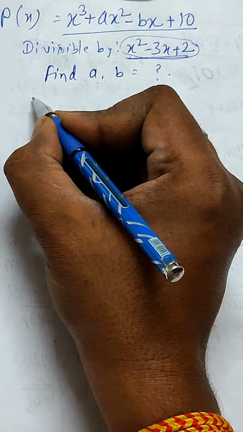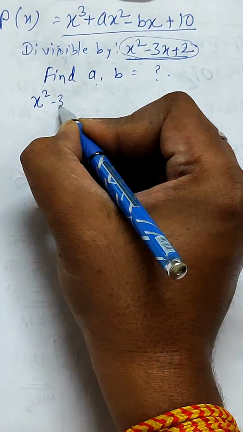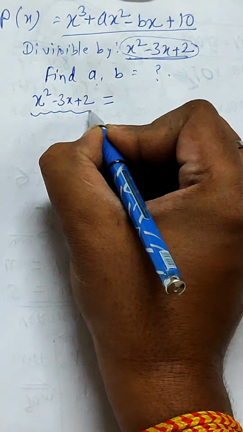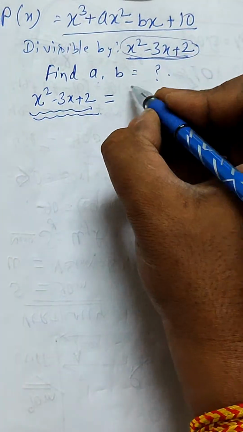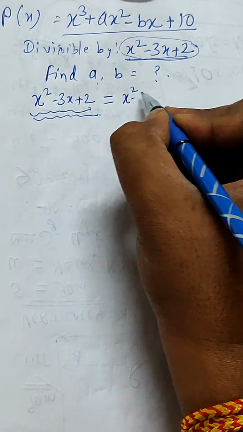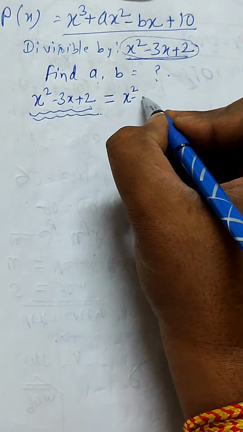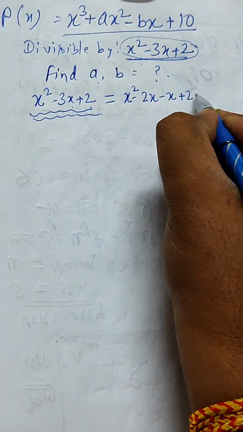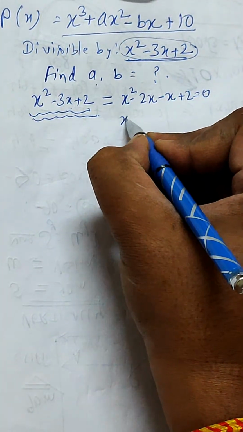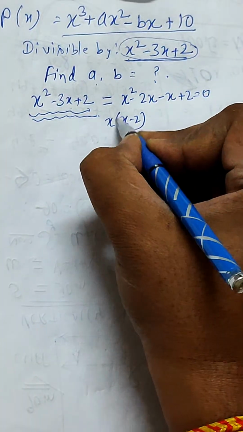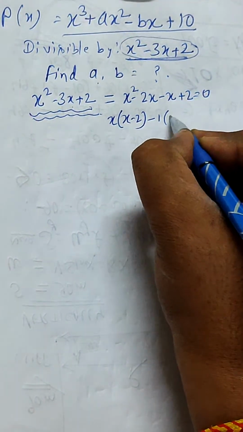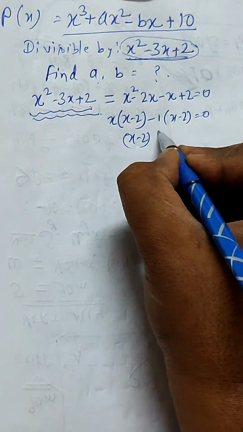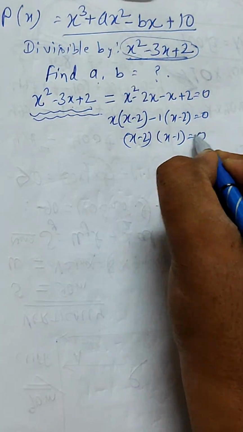Then we can factorize this by splitting the middle term: x square minus 2x minus x plus 2 equal to 0. This will give you x minus 2 common, x minus 2 minus 1, x minus 2 equal to 0. So this will give you the two factors, x minus 2 and x minus 1, right?